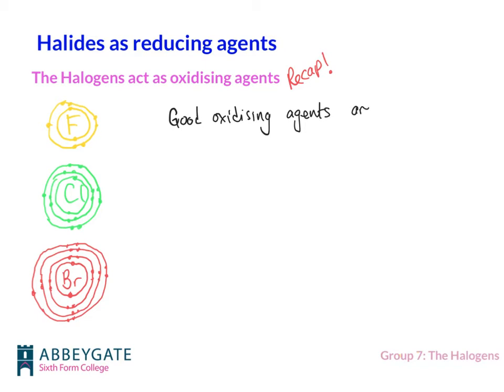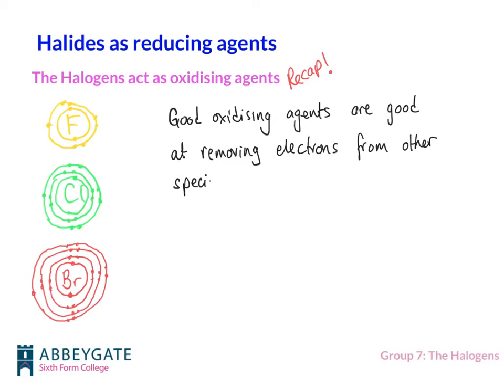Now, if we consider what makes a good oxidizing agent, they're going to have to be really good at removing electrons from another species. So what factors are going to make them really good at being oxidizing agents? It's going to come down to their size. It's going to come down to the nuclear charge. Now, all of these are group 7, so in each of their periods, they're going to have the highest nuclear charge.